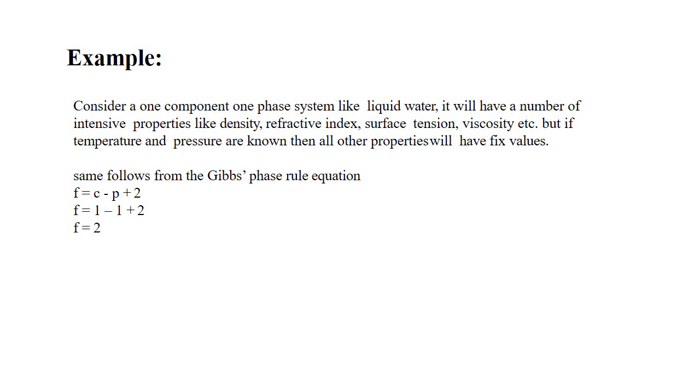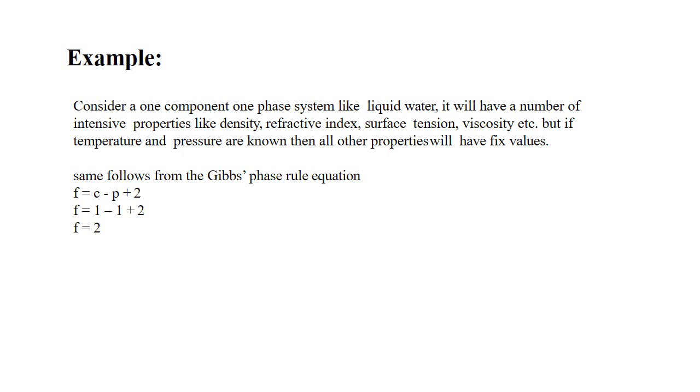The same follows from the Gibbs phase rule equation: F is equal to C minus P plus 2. So we can find the degree of freedom F. F is called the number of variance, or we can say it's the degree of freedom.